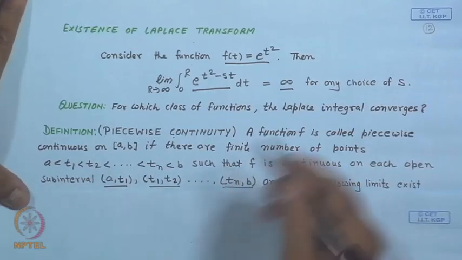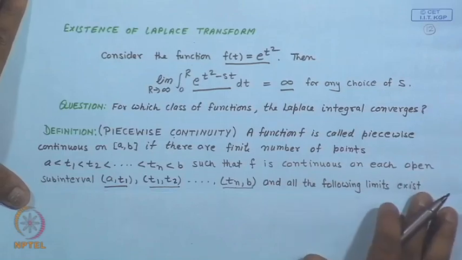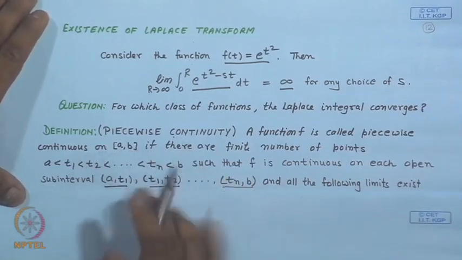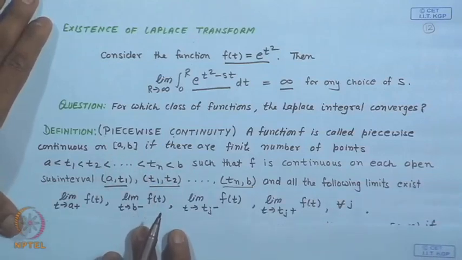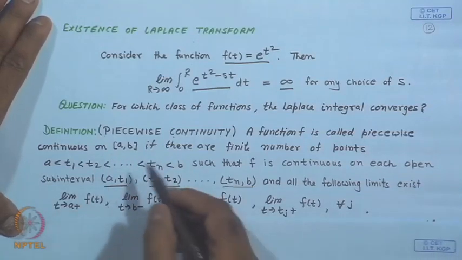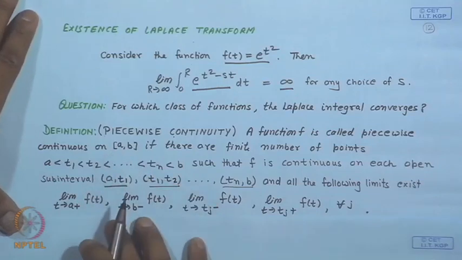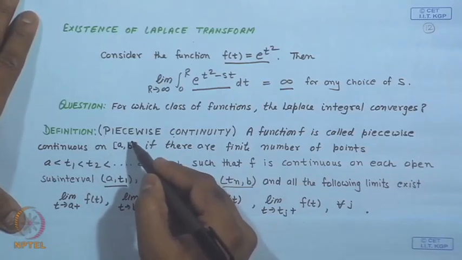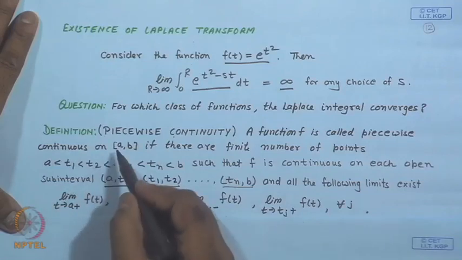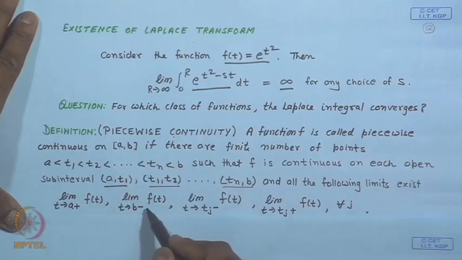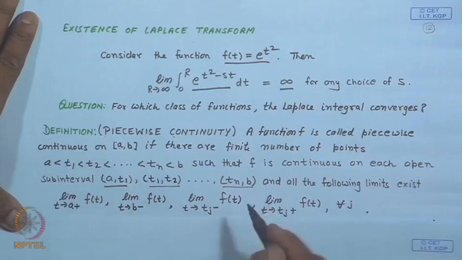And in addition to that, the following limits should exist. What are these limits? These are basically the right limit of the function as t approaches a, and the left limit as t approaches b of the function f of t. They should exist.